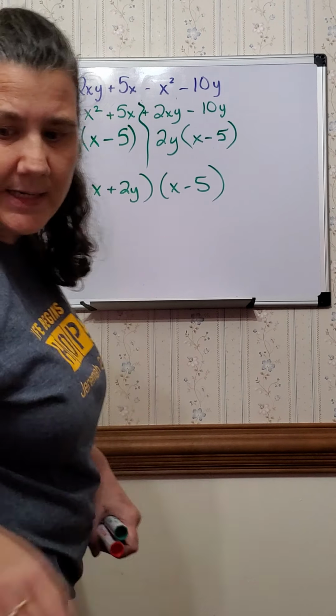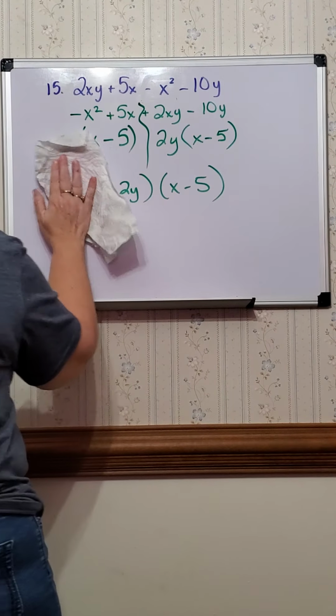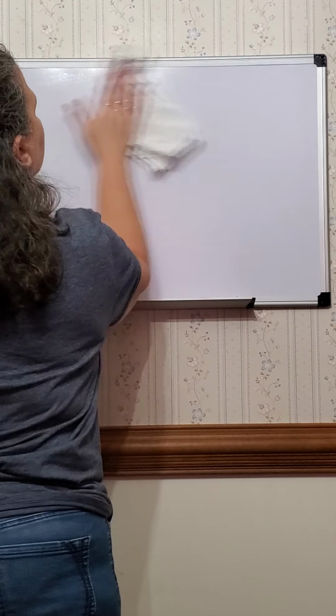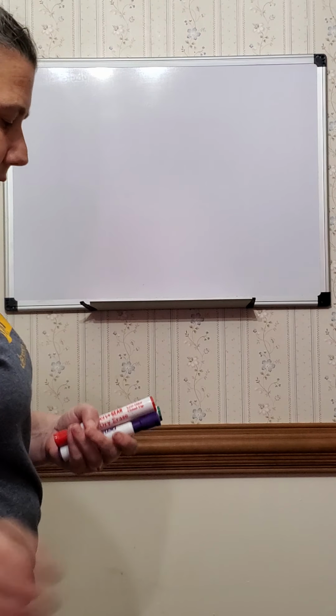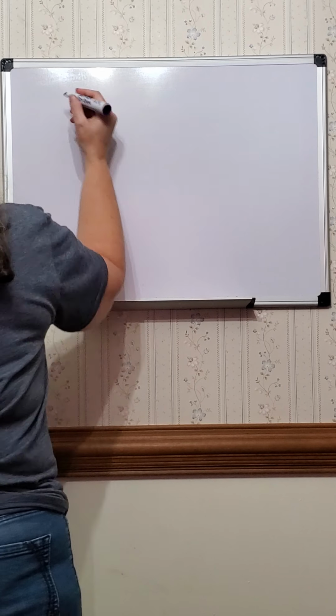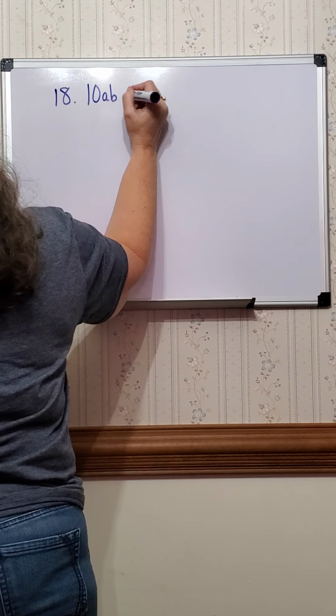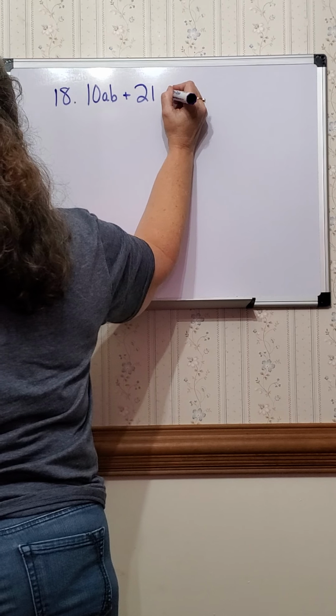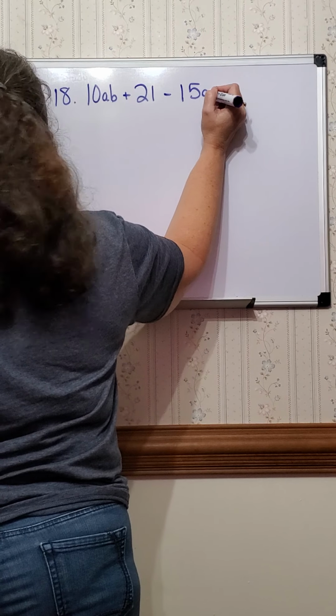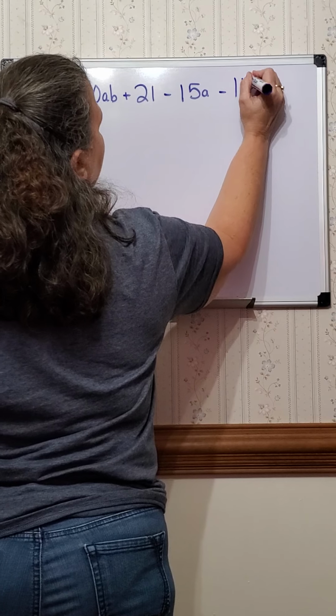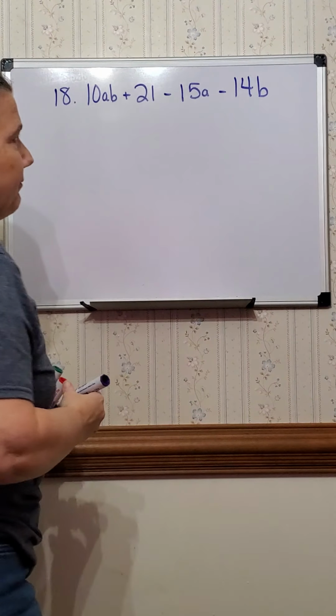Let's look at number 18, because 18 is just a little bit different. When I look at 18, I have 10ab plus 21 minus 15a minus 14b.